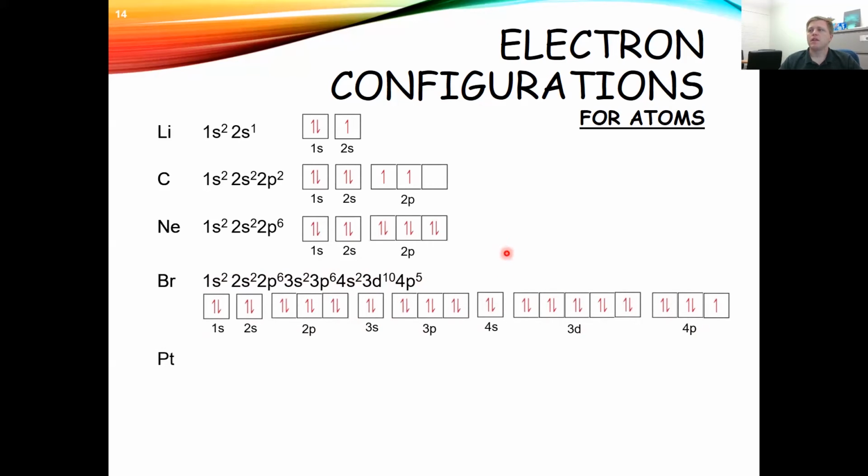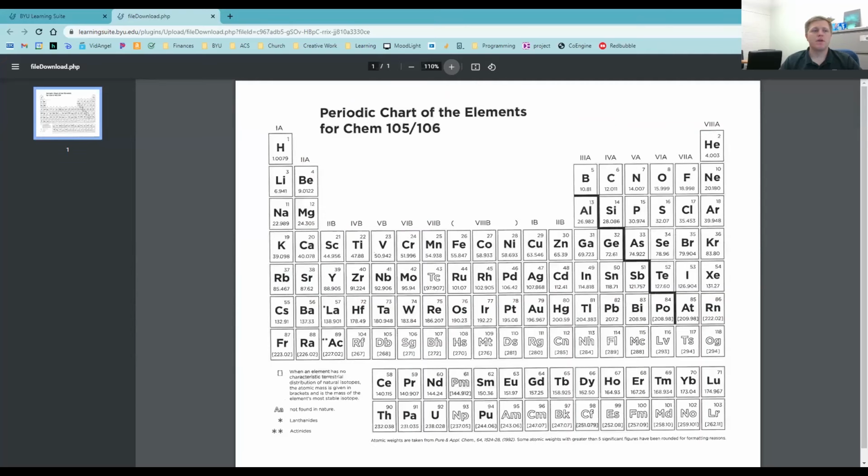And if we go to something like platinum, we'll jump back just one more time to the periodic table. Sorry if you're getting whiplash from the way we're doing this. But platinum is number 78 here. So it has to go through the 3d, 4p, 5s, 4d, 5p, and the 6s. And then right here at lanthanum, it actually starts the 4f series.